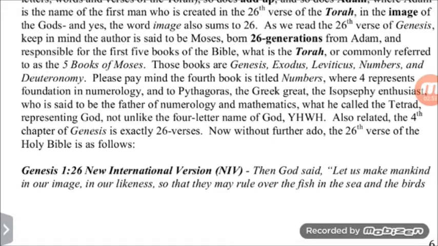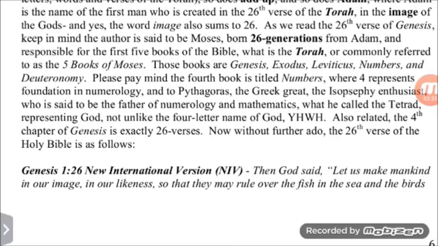Please pay mind the 4th book is titled Numbers, where 4 represents foundation in numerology, and to Pythagoras, the Greek great, the Isopsephy enthusiast, who is said to be the father of numerology and mathematics, what he called the tetrad, representing God, not unlike the 4-letter name of God, Yahweh, also related. The 4th chapter of Genesis is exactly 26 verses.